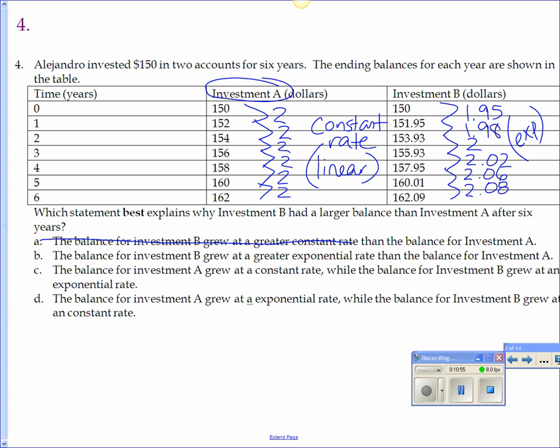All right, then the balance for investment A. The way it reads, they're making it sound like investment A was also exponential. So let's just keep going. C says the balance for investment A grew at a constant rate. Is that true? And investment B grew at an exponential rate. Is that true? Yep, so C is the best answer.